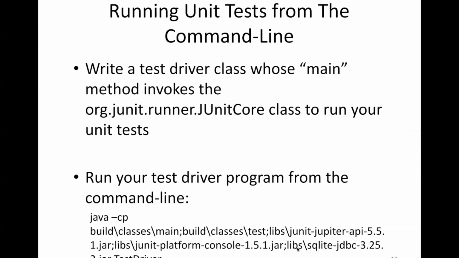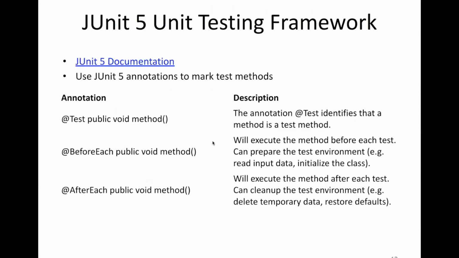And if you're testing database code, and it's a SQLite database, you'd have to have the SQLite JDBC driver, and any other classes that your code is dependent on. And then you would invoke your class that has the main method in it. So not quite as simple as doing it from the GUI tool, but still not that difficult.